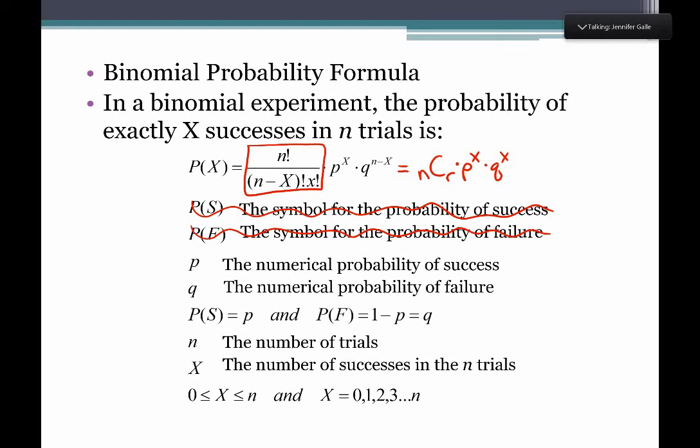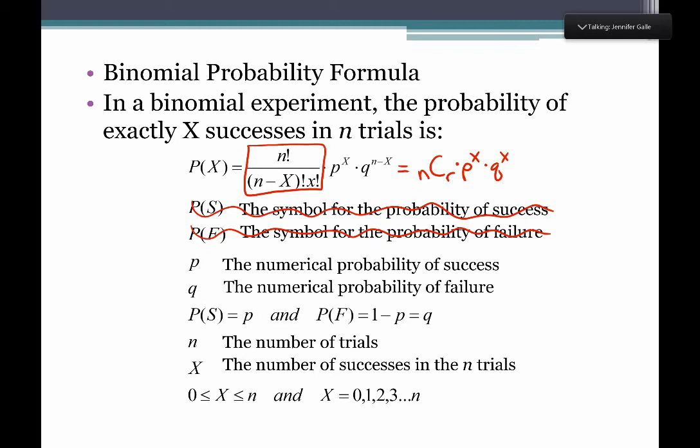So the little p, lowercase p, is the numerical probability of success. q is the numerical probability of failure. Remember, those are our only choices. There's nothing in between. Either we get heads on the coin or we don't. We draw a red card from the deck or we don't.